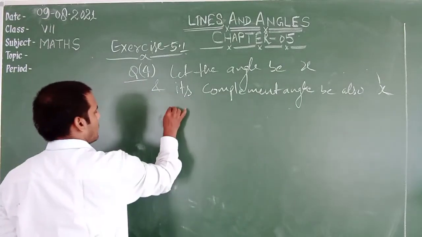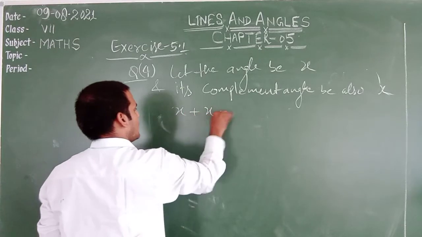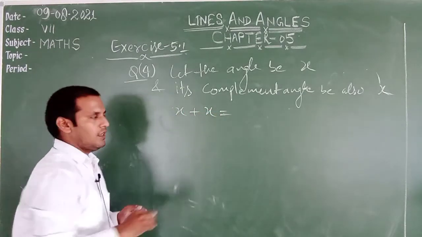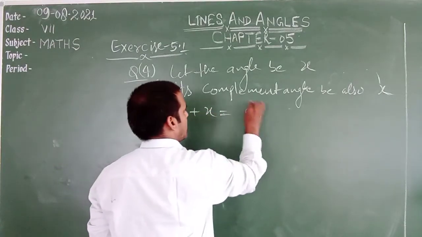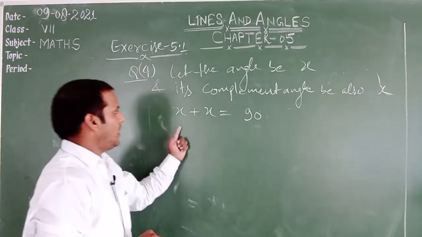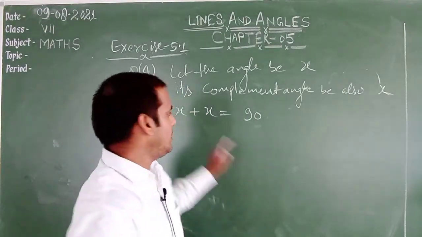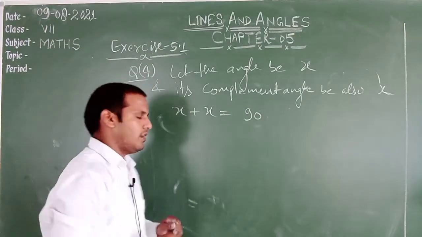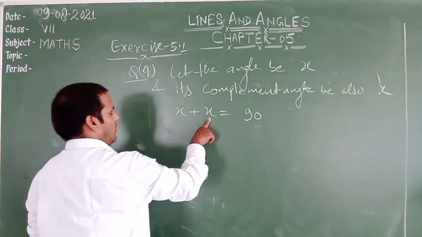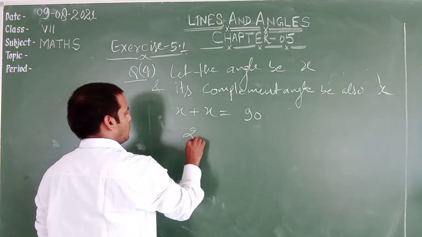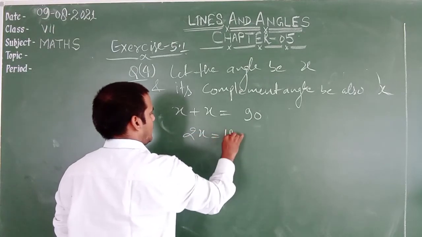The sum of x plus x, the sum of the two angles, is 90 degrees. It is the definition of complementary angles: if the sum of two angles is 90 degrees, then they are complementary angles. Both are the same variable, so x plus x is 2x, equal to 90 degrees.